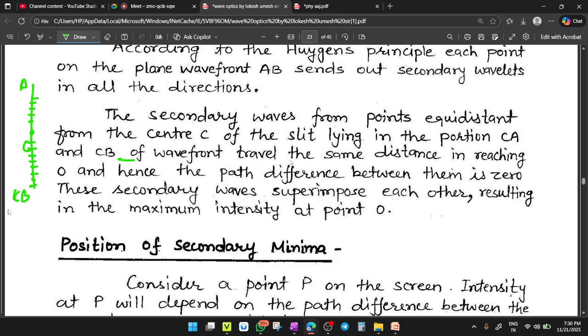CA and CB of the wavefront travel the same distance reaching point O. So here the wavelets traveling towards point O have to travel the same distance in reaching point O, and hence the path difference between them is 0. So the secondary waves superimpose each other, resulting in the maximum intensity at point O. That's why you're getting a maximum intensity at the center.